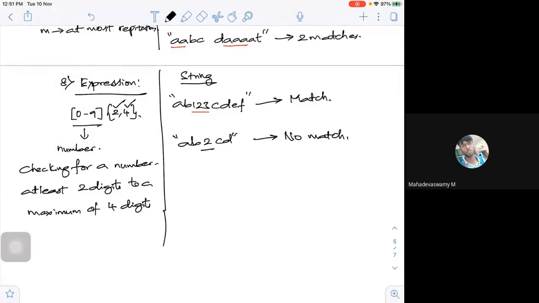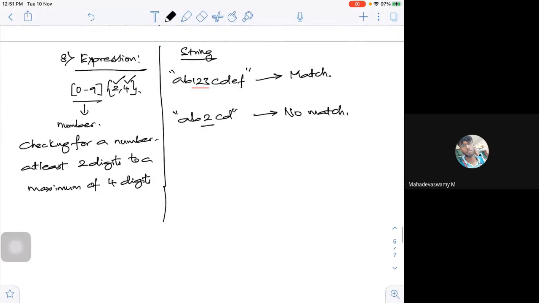Or I am searching for something between words actually. So between some letters, I have something like 12 and 4563. This is my string. How many matches are there here? I could see I have one match with 2 digits and another match with 4 digits. So I have 2 matches.